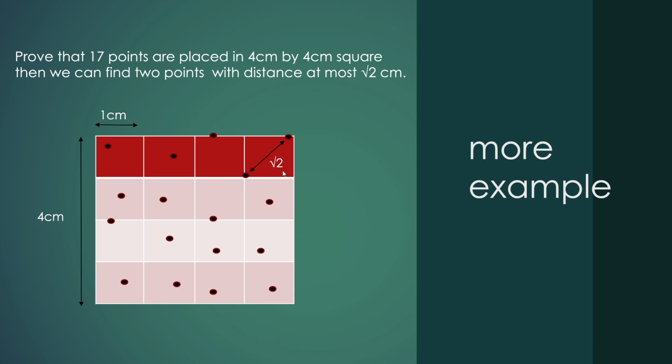Then we have 70 points in here and 16 squares. So by the Pigeonhole principle, there must be a square that contains 2 points, which means there are at least 2 points with distance at most square root of 2 cm.